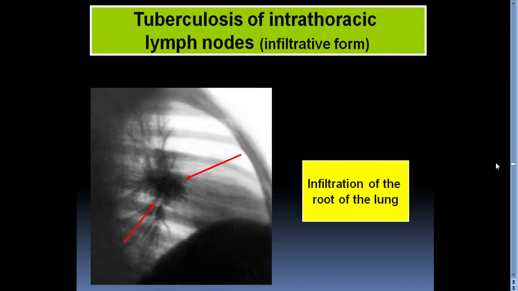And on X-ray in lateral position, we can see infiltration of the root of the lung without clear contours also.